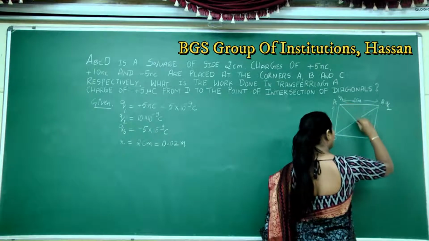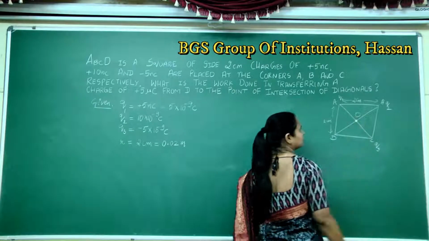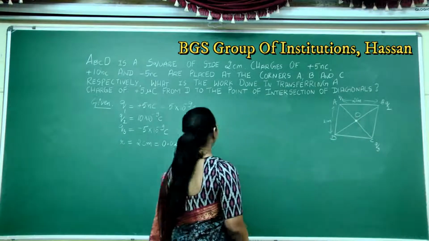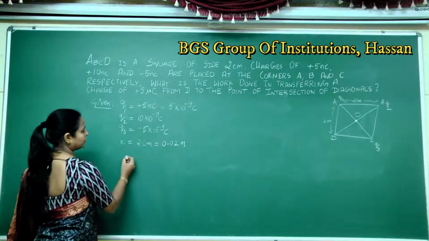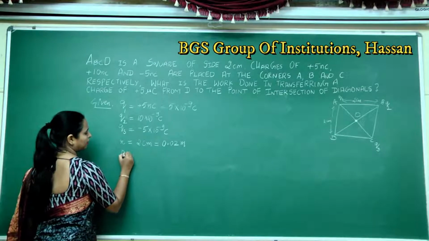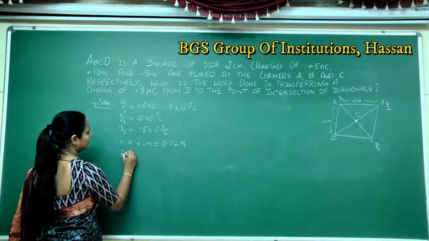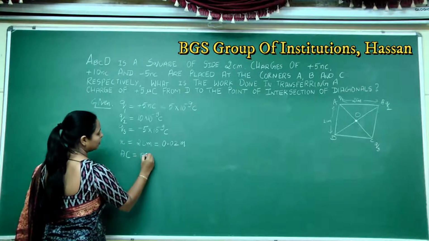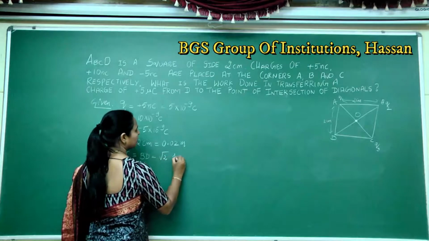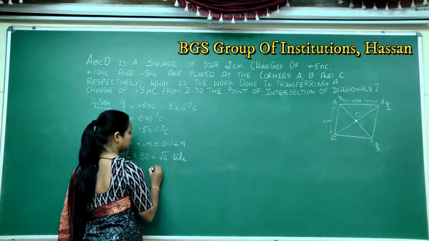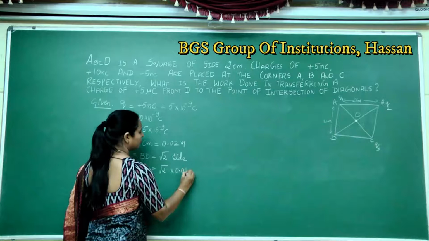Draw the diagonal and take the intersection of diagonal as O. And first we have to calculate the length of the diagonal, and the method is AC is equal to BD is equal to root 2 into side, that is equal to root 2 into 0.02 meter.